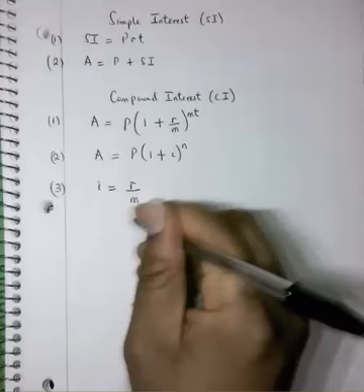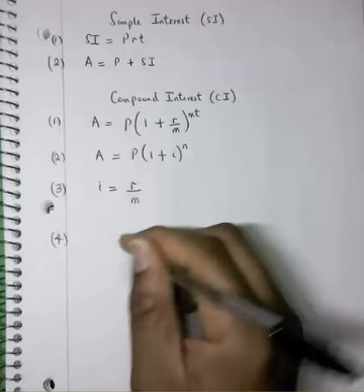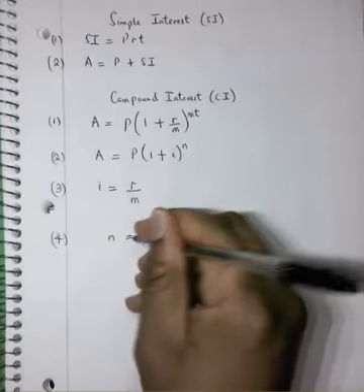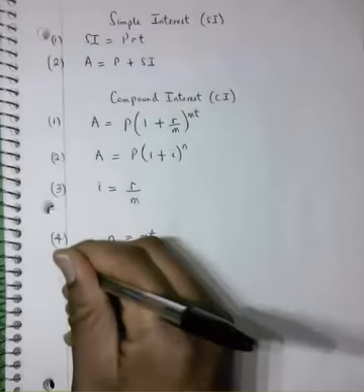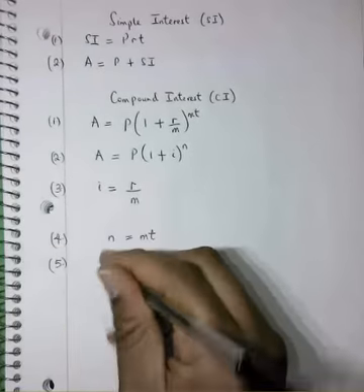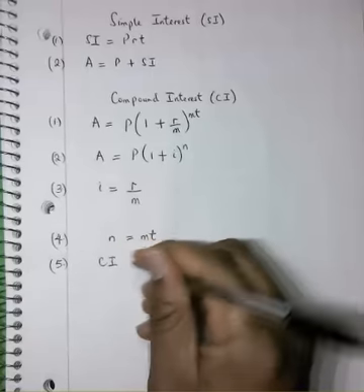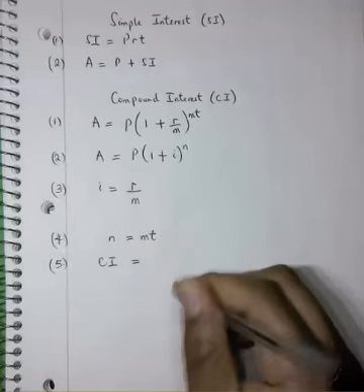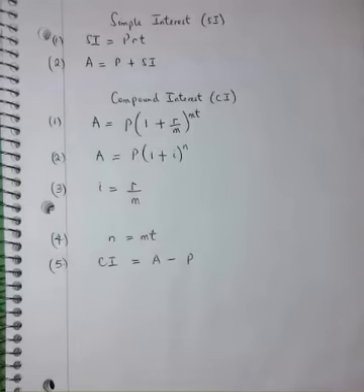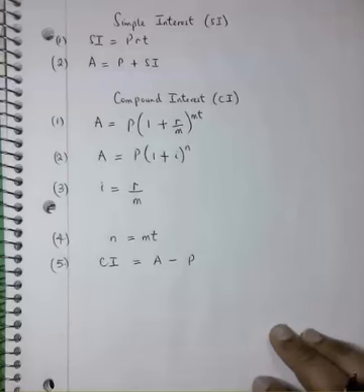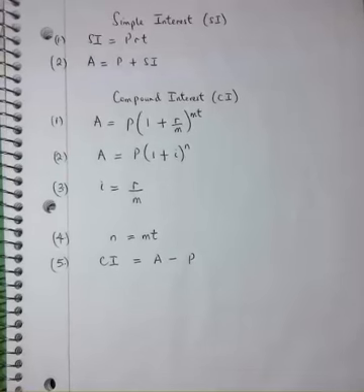Then the fourth formula is that n is equal to mt, m times t. The fifth formula is that CI, compound interest, is equal to A minus P. And like I said, we shall write out what every one of them means.